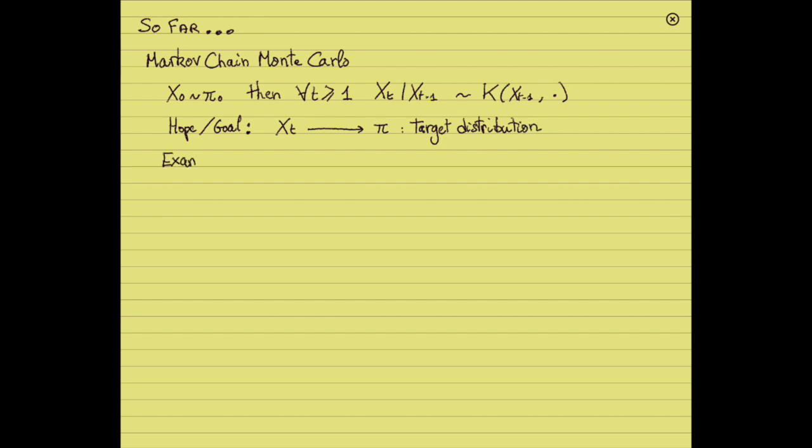And for example, this might occur because we design a Metropolis Hastings algorithm or a Gibbs sampler or a Hamiltonian Monte Carlo algorithm, for example, in such a way that the Markov kernel is pi invariant, or we design it in fact so that it's reversible with respect to pi, which implies pi invariance. And so we hope that convergence will follow.